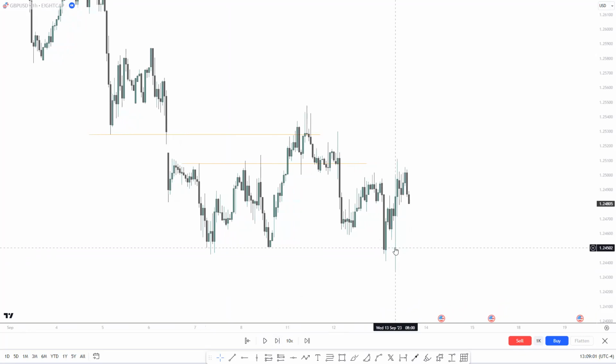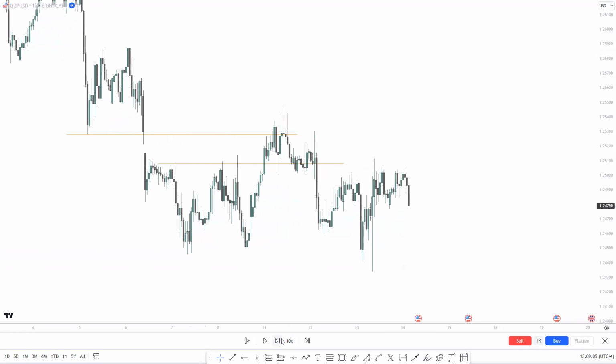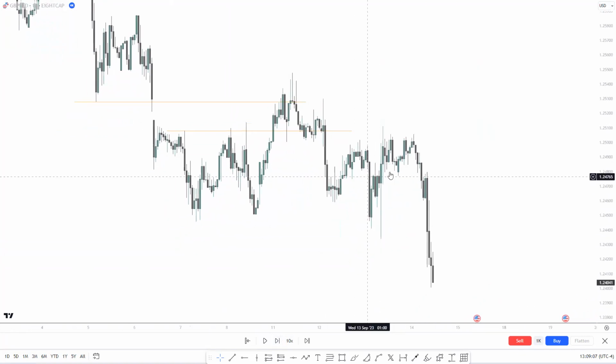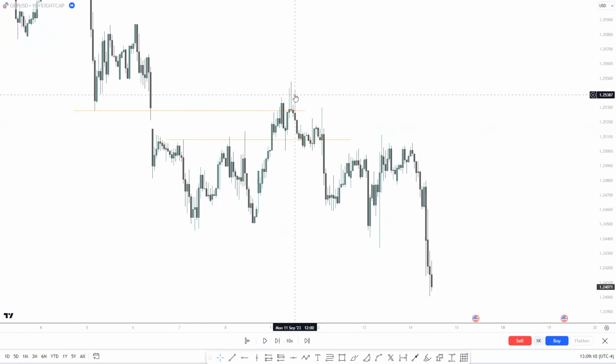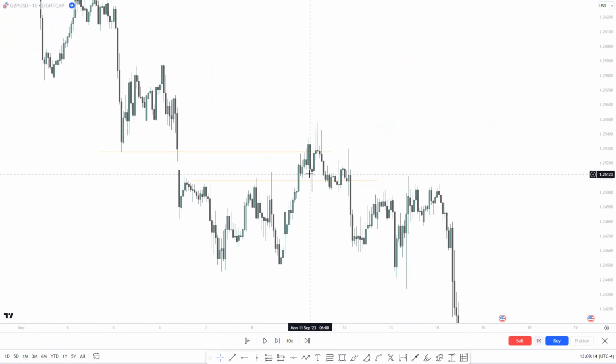Then I guess there was some news or something like that. Okay, and we get into consolidation once again, but you kind of see how the market went into internal and then external. And how did we confirm that the market is going to go from internal to external? We confirmed that with the help of structure.